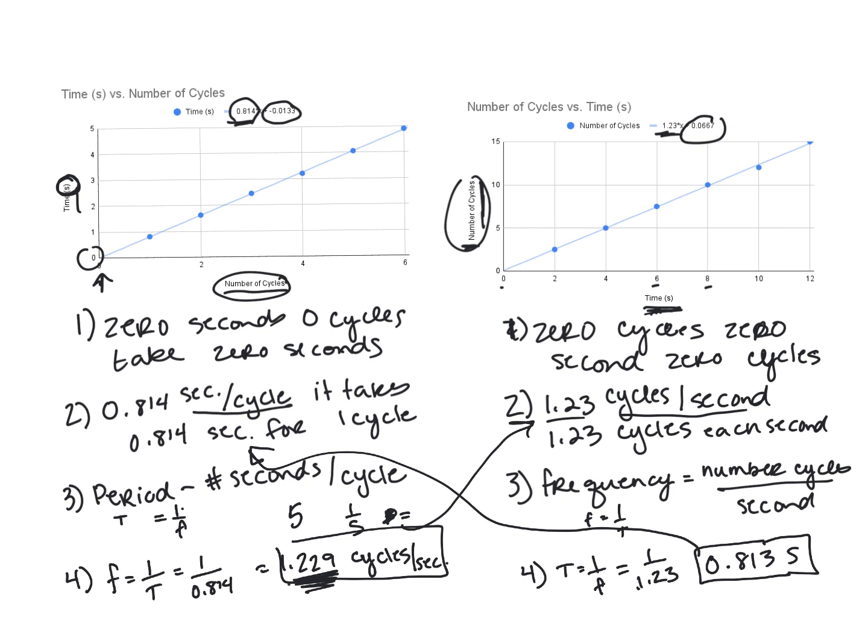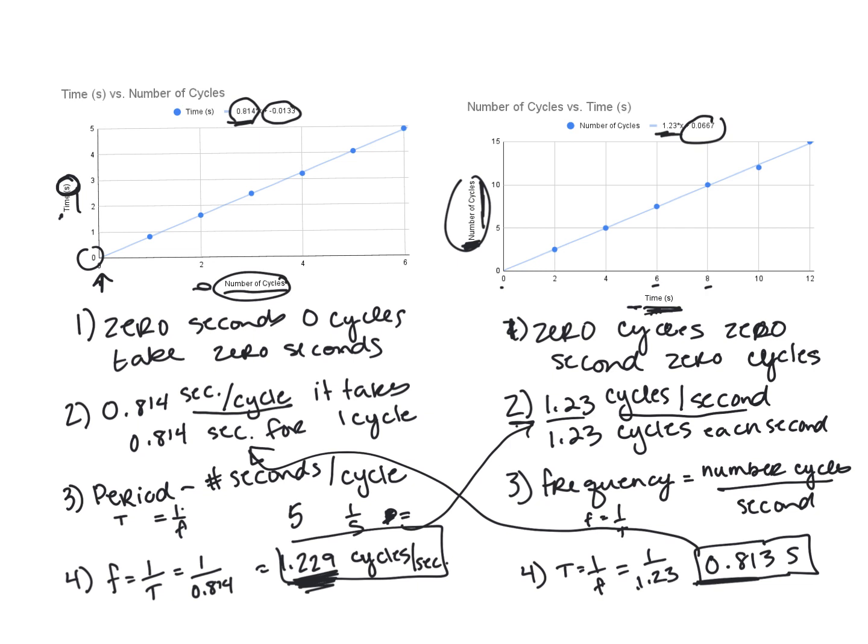So when I calculated number 4, I got my slope for number 2, and when I calculated my number 4 on the second graph, I got my slope for number 2 on the first graph. They're reciprocals of each other. So you'll just notice my graphs are flip-flopped. I have time here and number of cycles on my x. Here I have number of cycles on my y and time on my x, so I just flip-flop those graphs. So my slope is just the reverse or the reciprocal of each other in the two graphs.